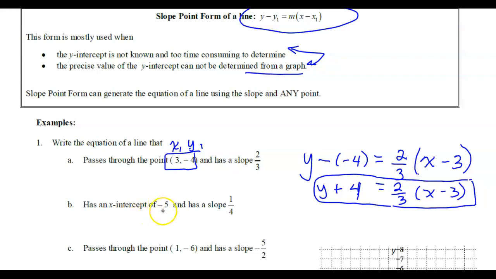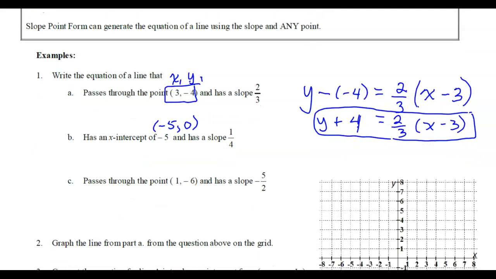X-intercept of -5. Well, x-intercept doesn't help us in terms of a special form. Just find the coordinates of the x-intercept. That means the y value is 0. So in terms of the equation, y minus 0 equals 1/4 bracket x minus -5, which is like adding 5.